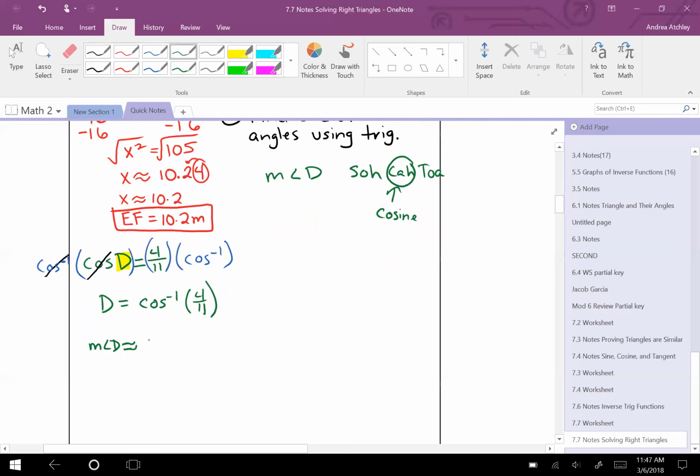Okay, so it's 68.6. Okay, we're going to round it to the nearest degree. So does the 6 make the 8 go up or stay there? Up. Okay. So the measure of angle D is about 69 degrees.